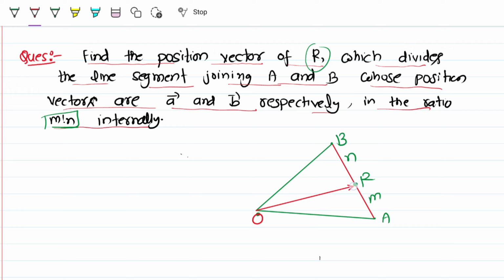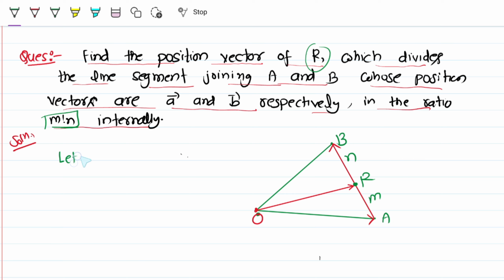This we can do by the vector law of addition, using the OA vector and OB vector. This is origin O. So a little bit of construction we have done, and now we can write the solution from the start.